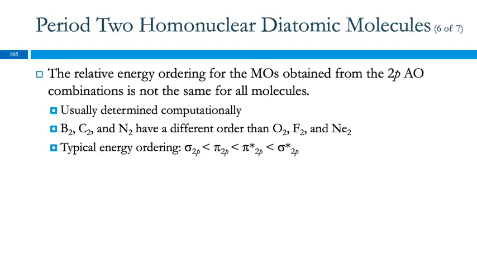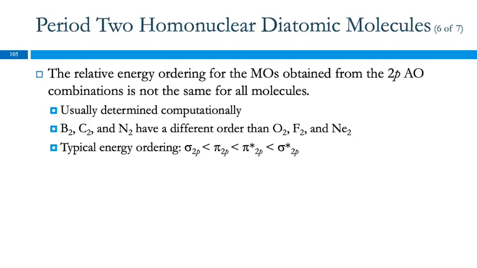So when the three p orbitals combine, we have sigma orbitals and pi orbitals, and the sigma and the pi don't have the same energy. And the relative energy ordering is not the same for all of the elements.